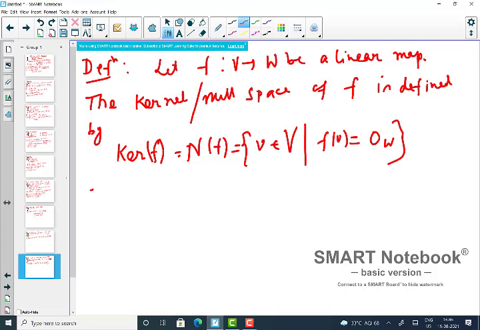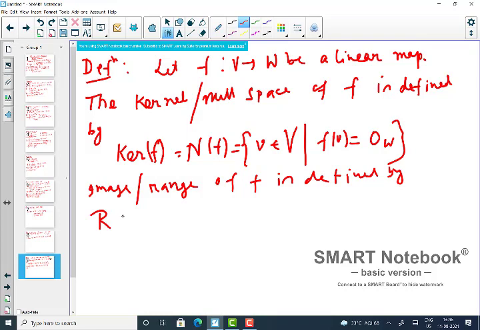The image or range of f is defined by... so people also write down image of f, or some people write down range.